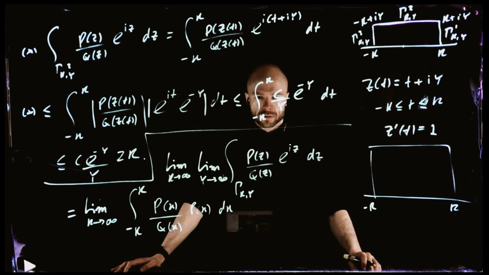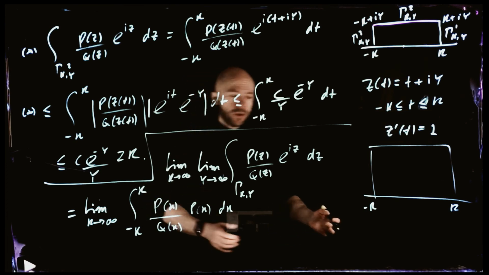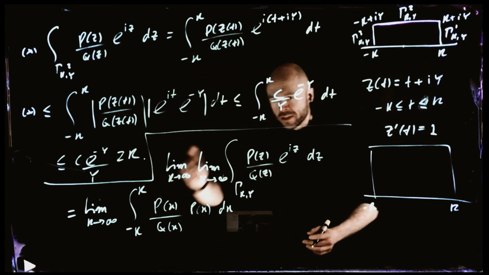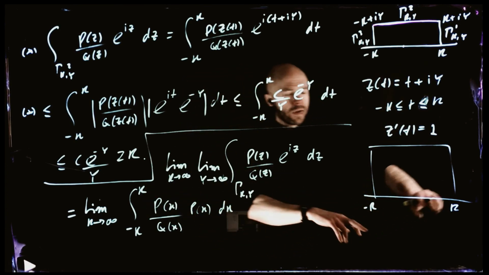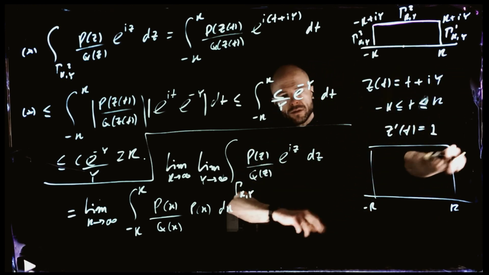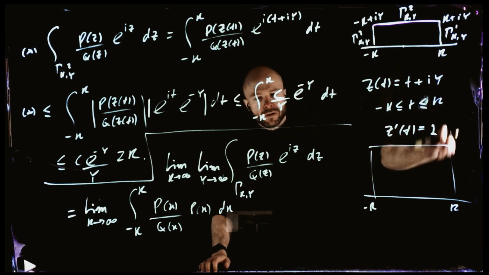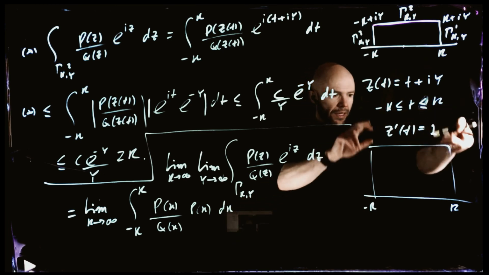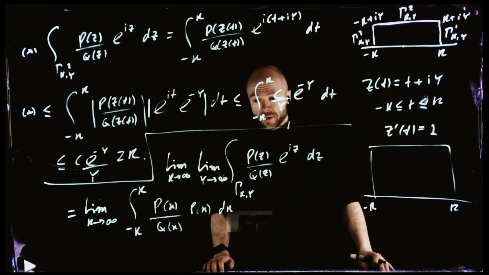Cool. And as a practical matter, because we know that this thing isn't going to change after we create a rectangle that contains all of our singularities in the upper half plane, that's all we have to do. Because the answer is fixed.